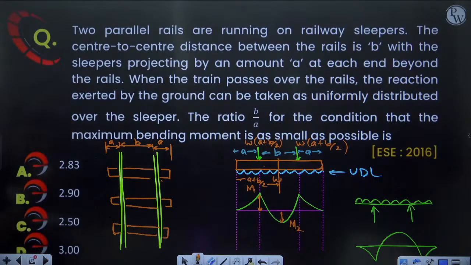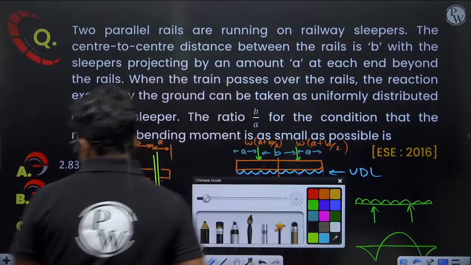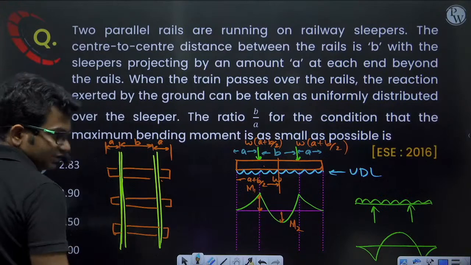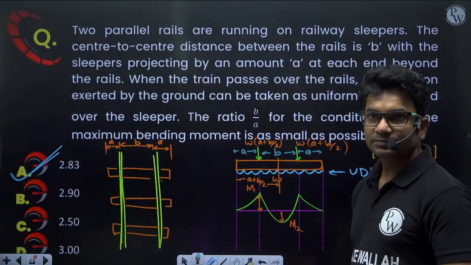Basically it should be 2.82, but in the options it is given as 2.83, so the closest answer is 2.83. Clear? Let's move on to the next question.